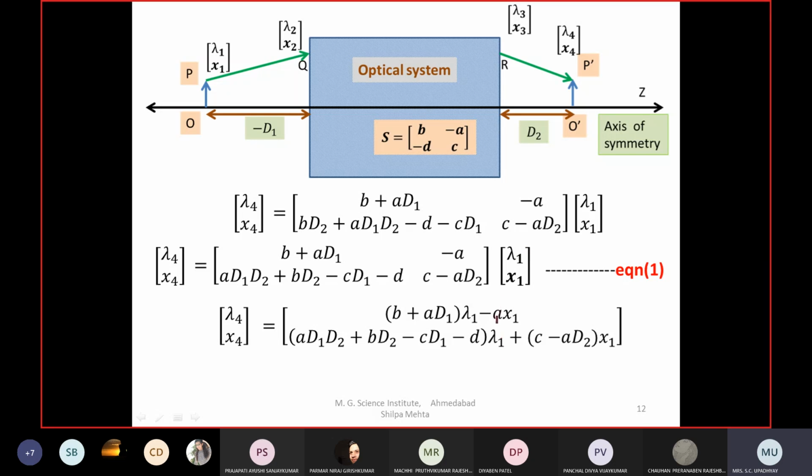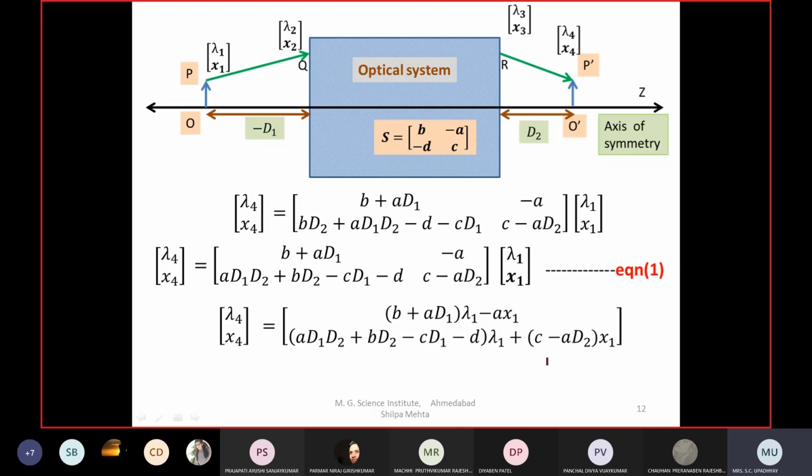We get second element. So now we have on left hand side there is 2 by 1 matrix, on right hand side also there is 2 by 1 matrix, and we compare the first element with the first and second element with the second.